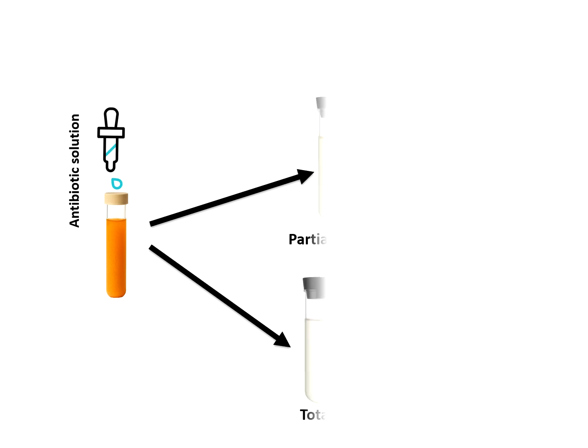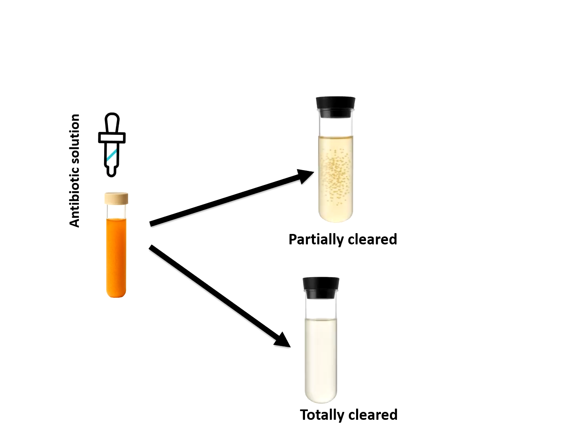One is the partial clearing because antibiotic will inhibit the proliferation and growth of bacteria. If there is suboptimal inhibition, then the media will be partially cleared. And if there is optimal inhibition, there will be total clearing of the media.